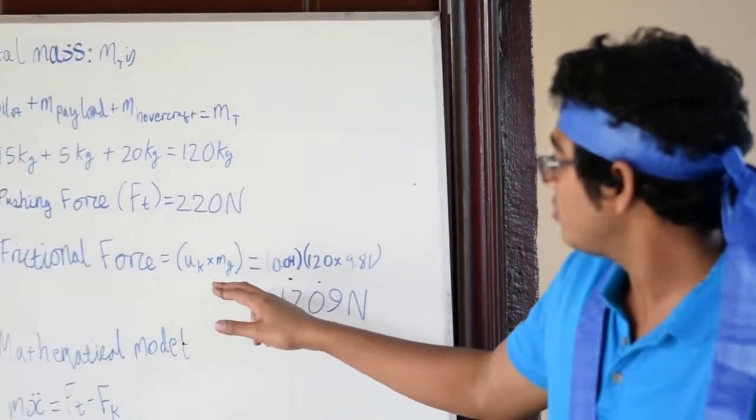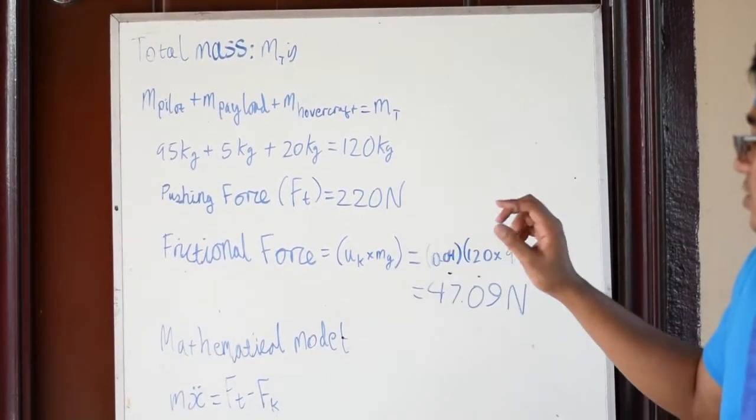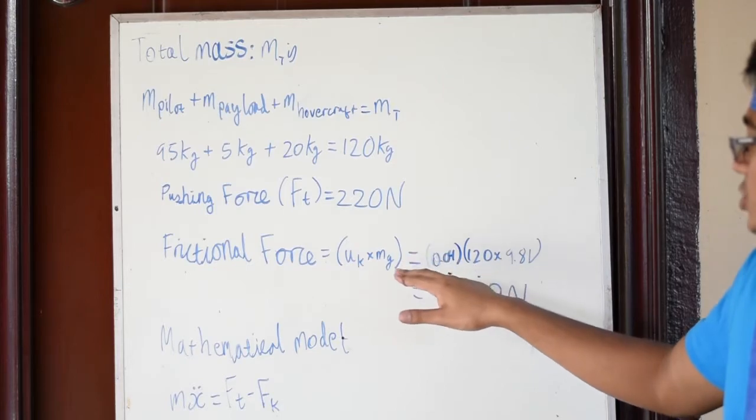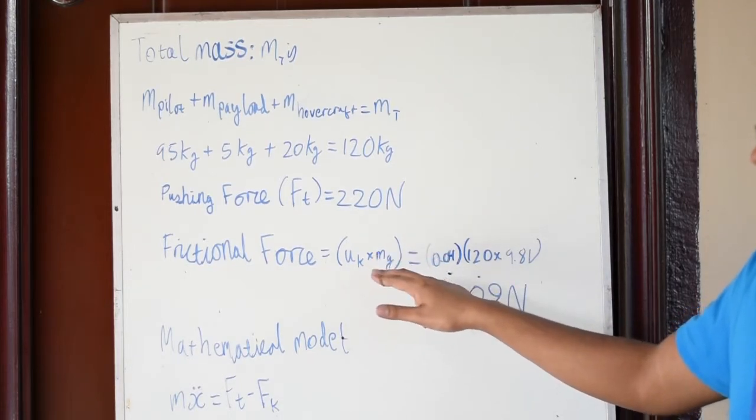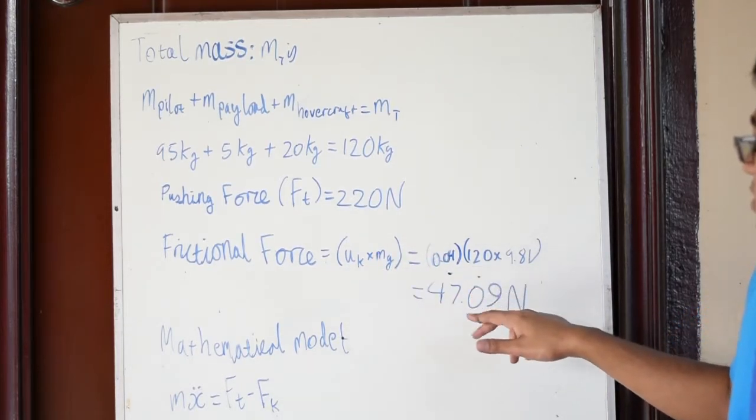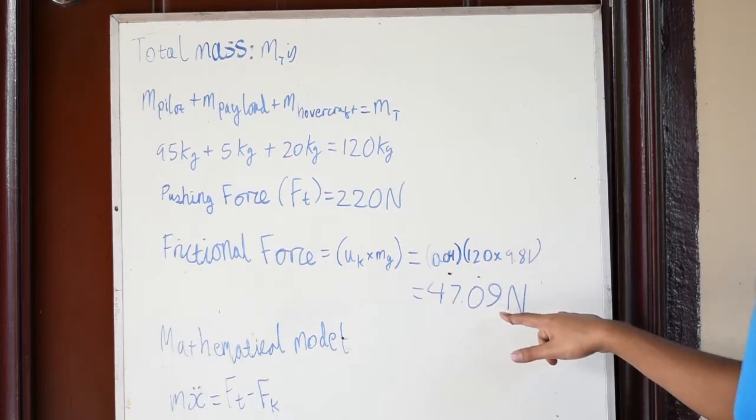Now, the frictional force is the product of mg and mu k, the coefficient of friction, which was found out to be 47.09 newtons.